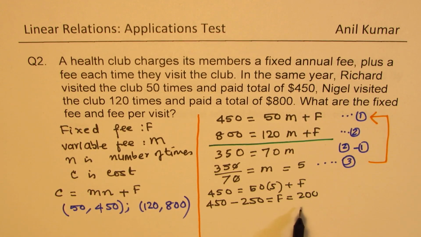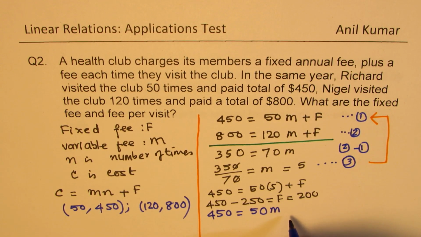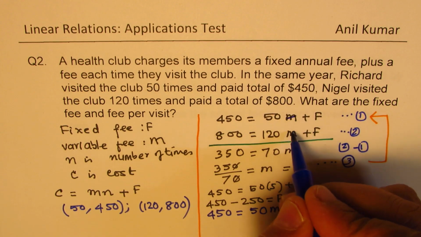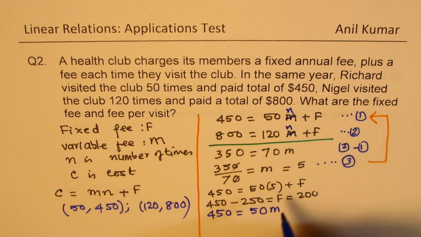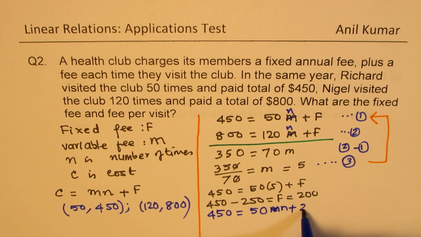So that gives you the value of f. So we get our equation, which is, let me write here, 450 equals 50 times m, I should have written n, the number of visits, right, plus the fixed cost of 200.